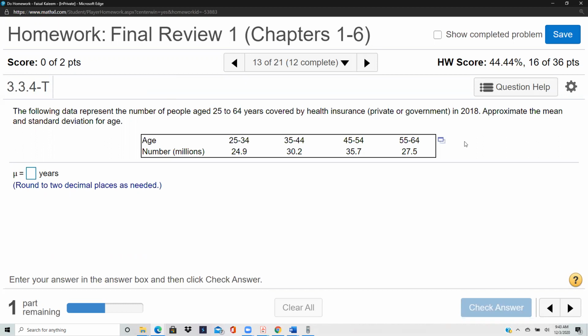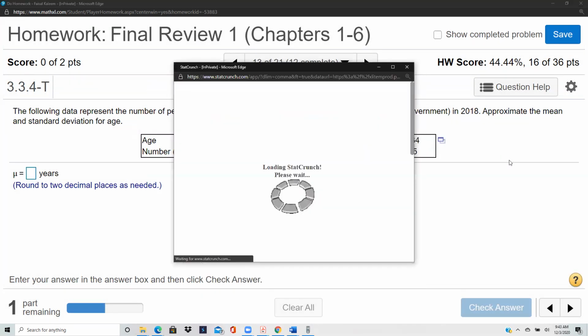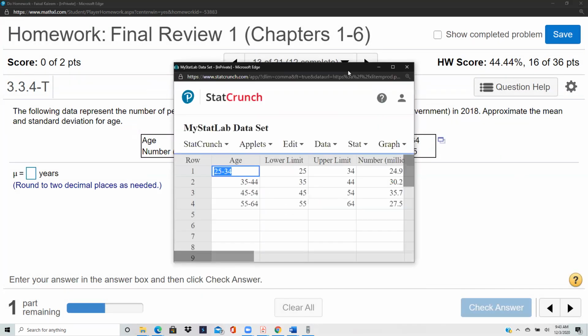So we need the mean and standard deviation for age. So we'll be opening StatCrunch. Why is it putting it in 4 columns?